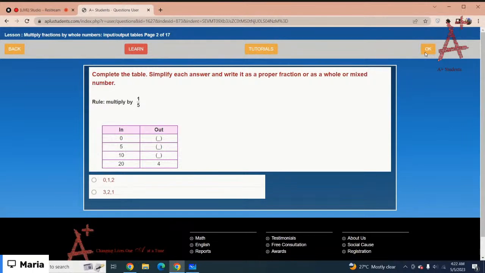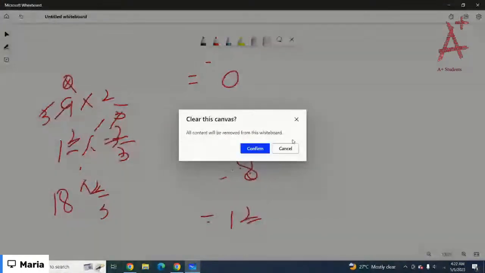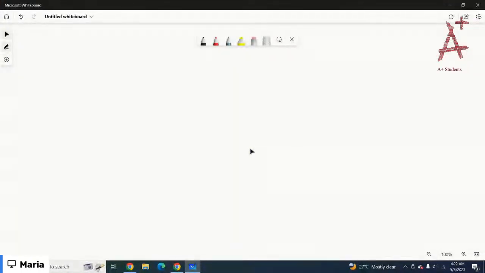Complete the table, simplify each answer and write it as a proper fraction or whole number. The input values are 0, 5, 10 and 20. You have to multiply each value by 1 over 5.